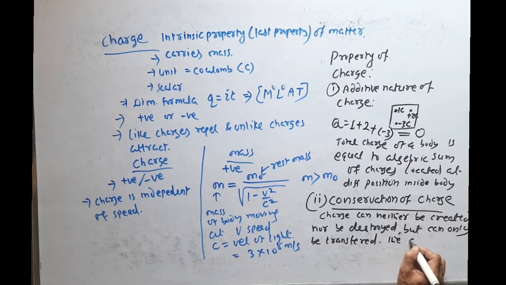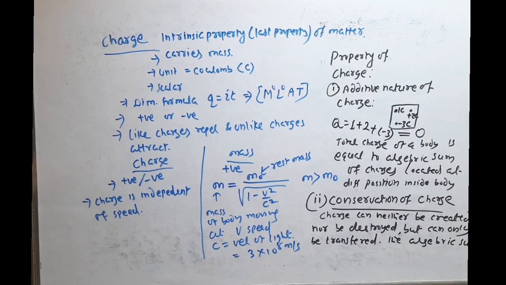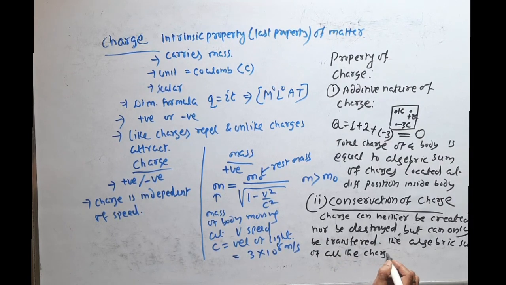The algebraic sum of all the charges in any isolated system, or you can say closed system, is constant. So that is called the second property of the charge.